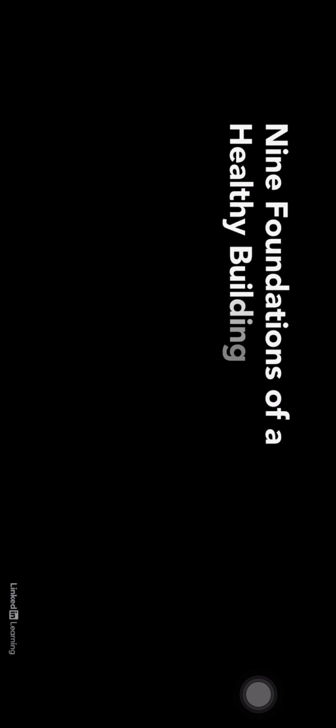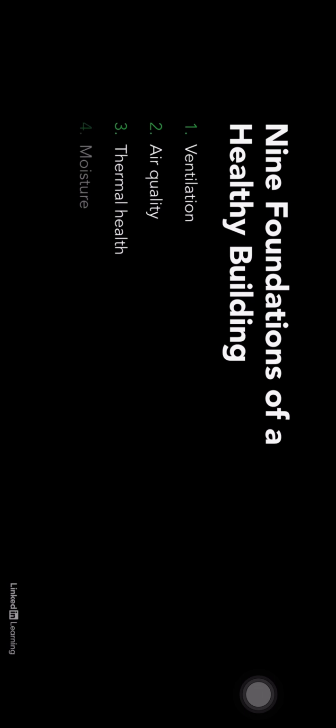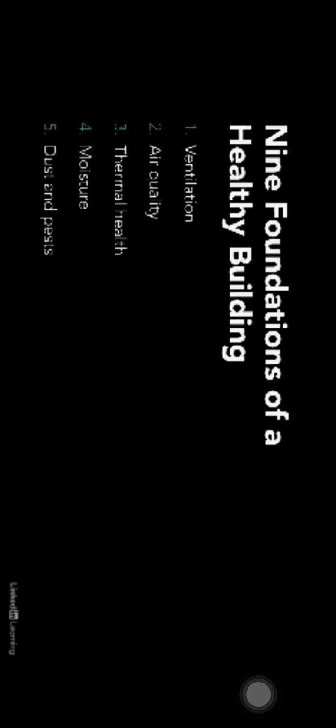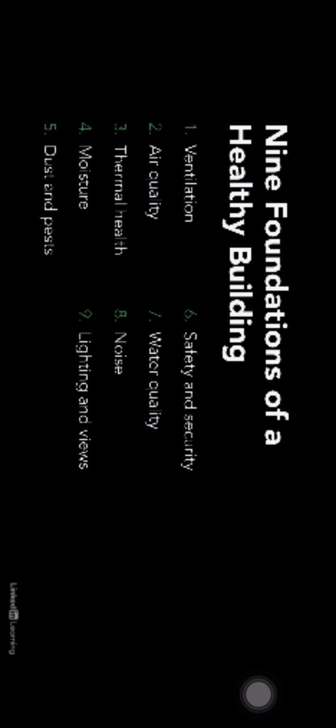According to Harvard T.H. Chan School of Public Health, the 9 foundations of a healthy building include ventilation, air quality, thermal health, moisture, dust and pests, safety and security, water quality, noise, and lighting and views.